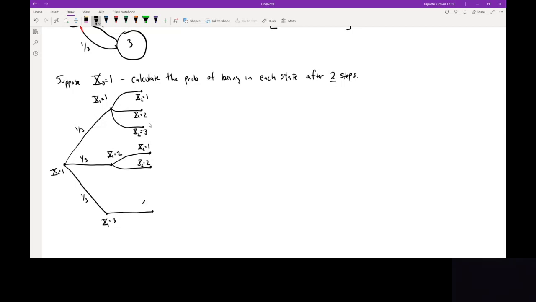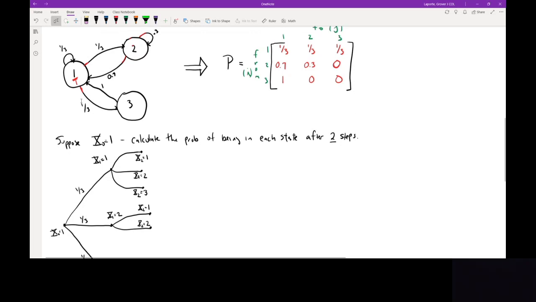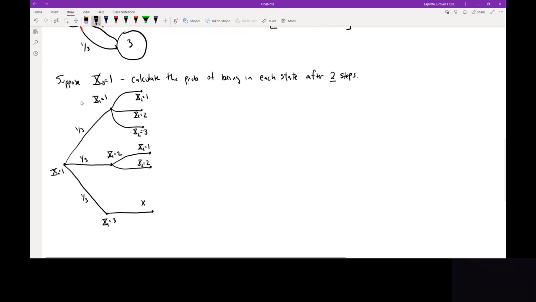Then there's only one line I need to worry about here. If I'm in state 3, I only go back to 1, so x2 would equal 1. Now we need to figure out the probabilities.